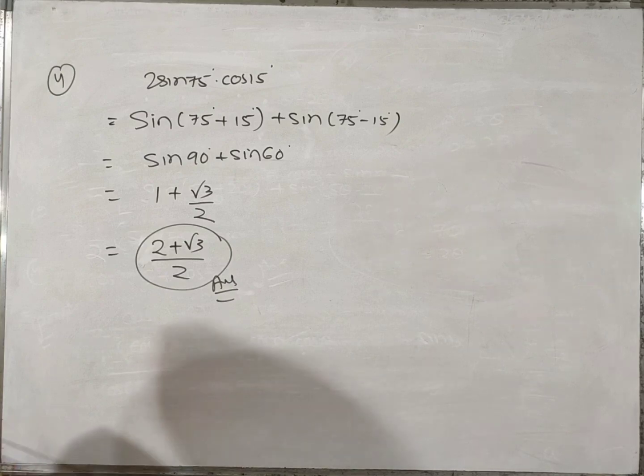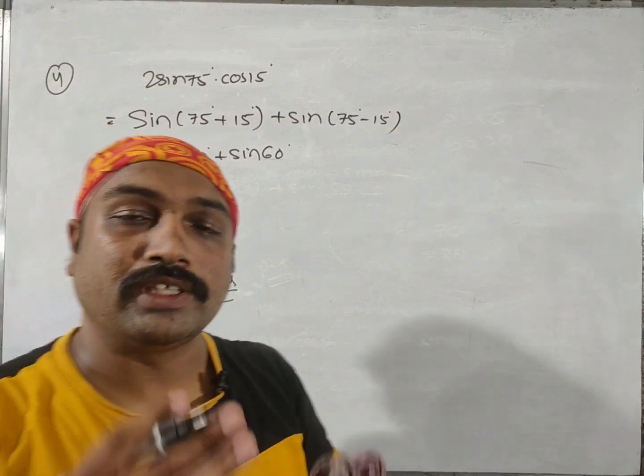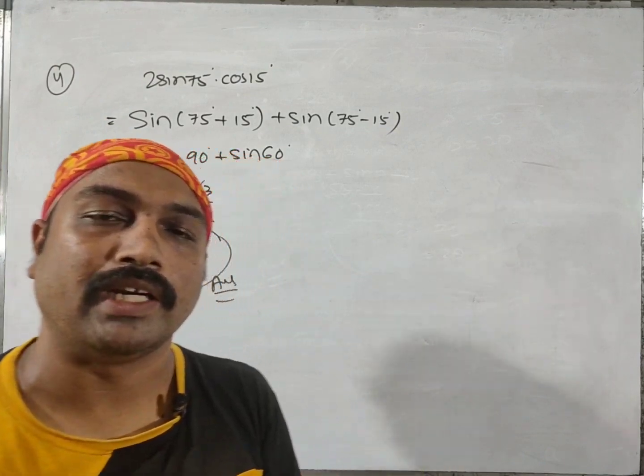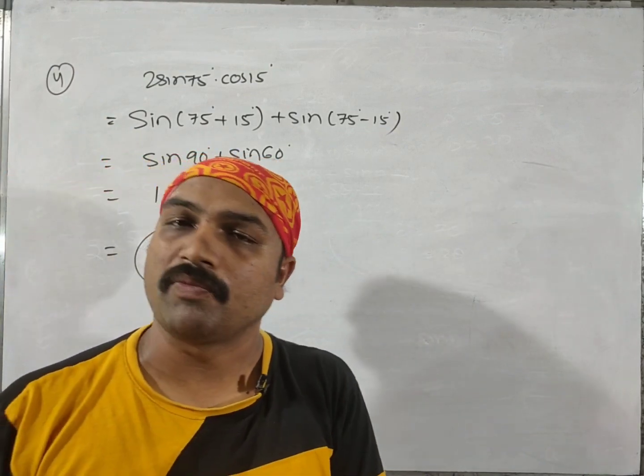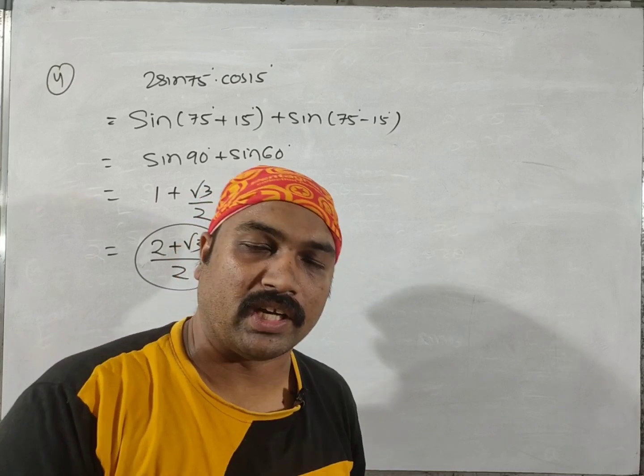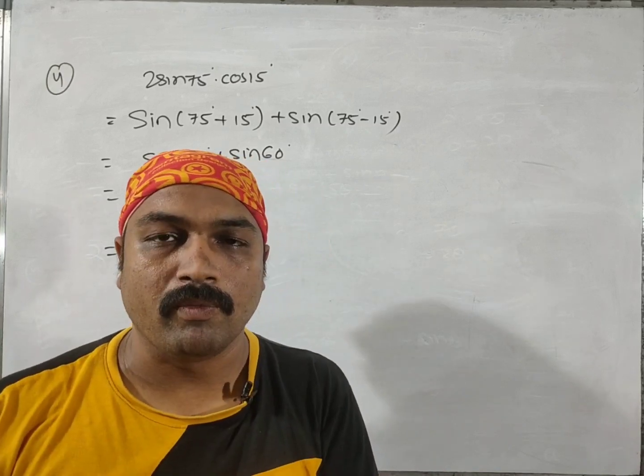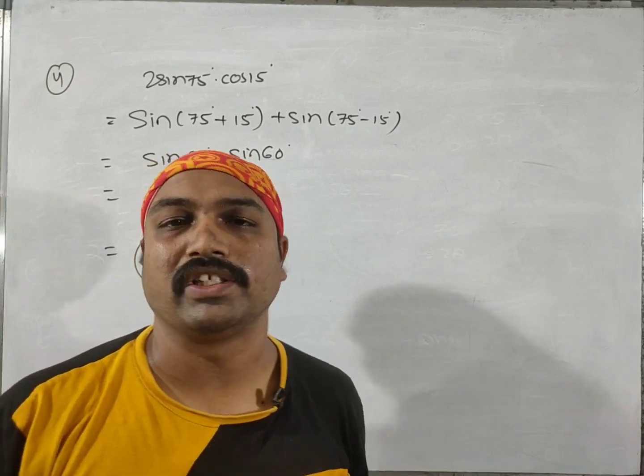Now it is time to discuss the second type of transformation formula, that is sum or difference to the product formula, which is based upon the first type, because the second type formula can be evaluated from the first type formula.